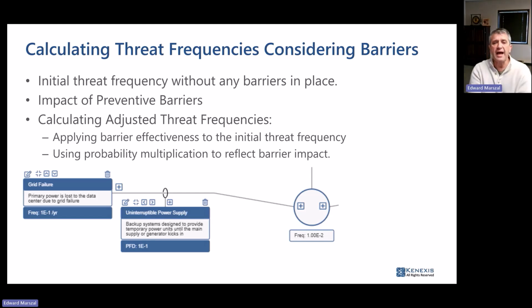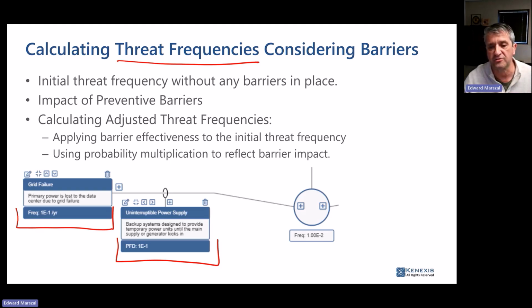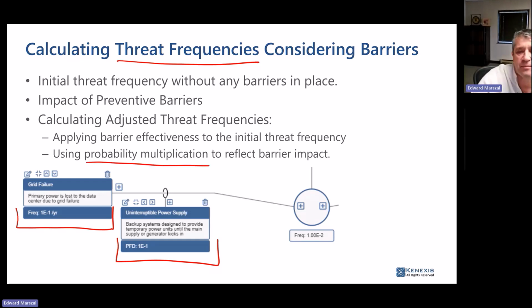Okay, so now, continuing on from where we were on the previous slide, when you're calculating the overall threat frequency, you're going to multiply the frequency of the threat by the probability of failure of all of the preventive barriers that are going to be in between the threat and that hazard, that loss of containment event, or that situation where the hazard is realized, always using probability multiplication.